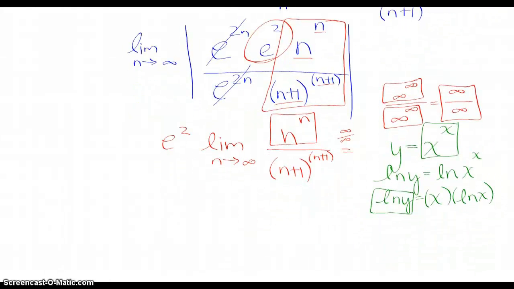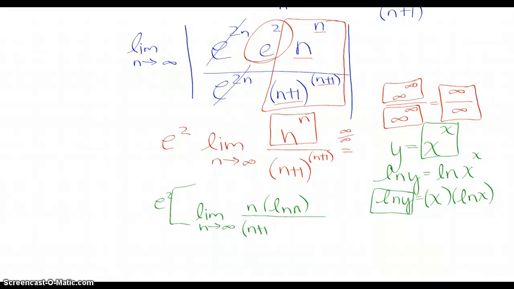So I'm going to come back over here. I'll stay with the green. And e squared is just a constant. I'm going to put things back in terms of n. And now in my numerator, I have n times the natural log of n. And in my denominator, I have n plus 1 times the natural log of n plus 1.